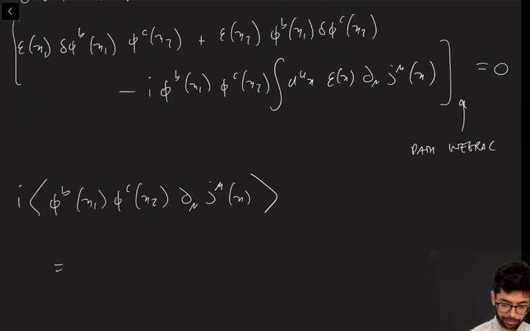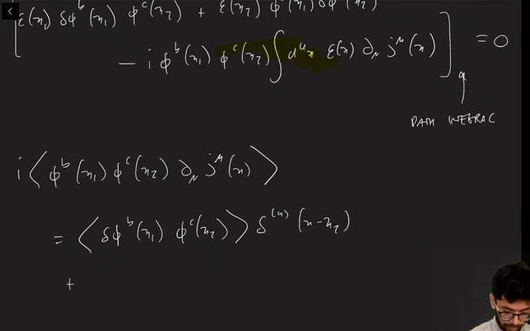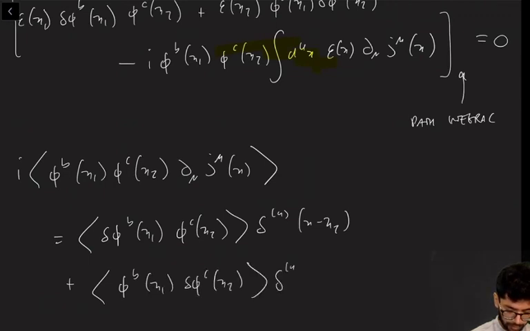So this is just coming from this part here. And this is equal to delta function x minus x2 plus phi_b of x1 delta phi_c of x2 delta function.